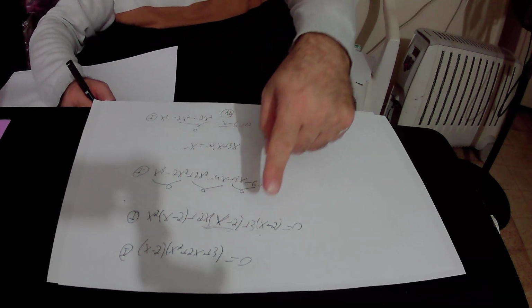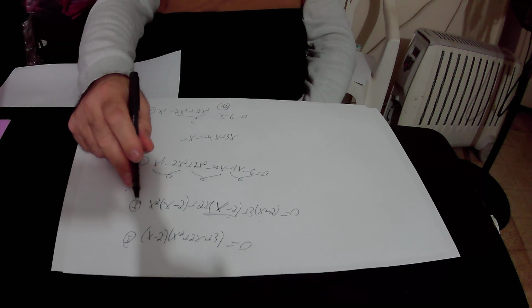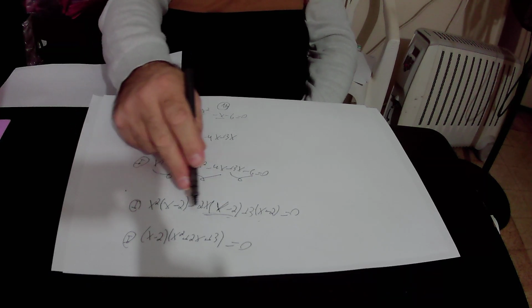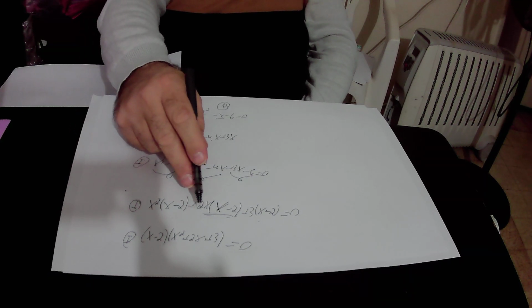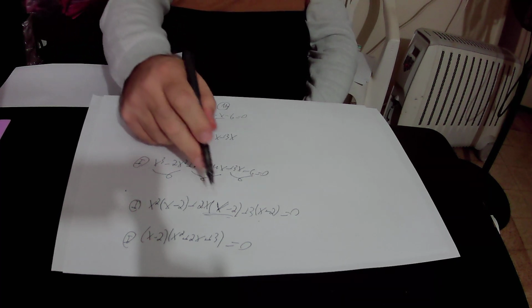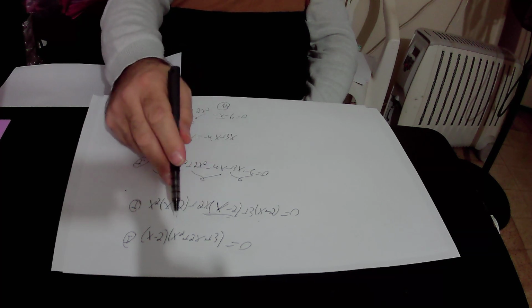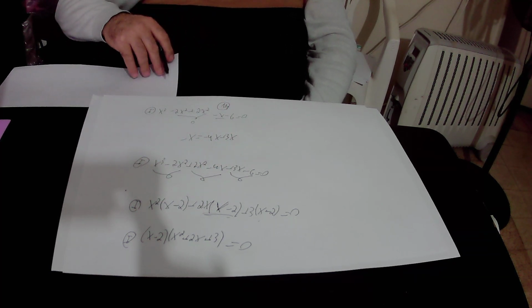The second solution is that x squared plus 2x plus 3 equals to 0, and then 0 times anything will be equal to 0. So we will focus on the second solution.